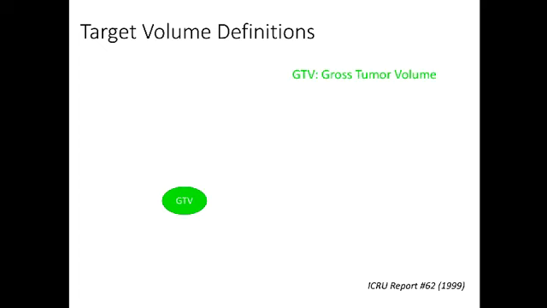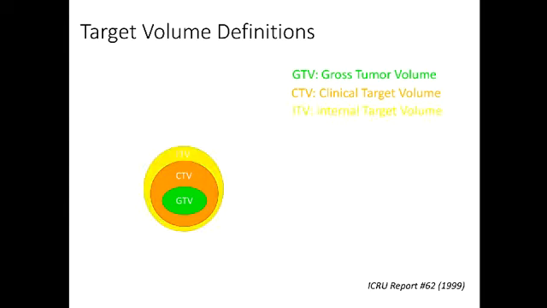And here are the definitions. You've got the gross tumor volume, the GTV. That's something that you can palpate or something that you can see radiographically on imaging. It's expanded into a clinical target volume, a CTV, and that typically accounts for the spread of occult disease that you can't see on imaging.